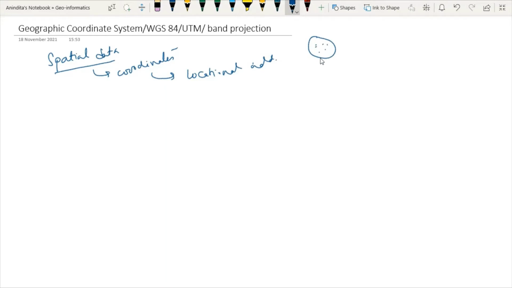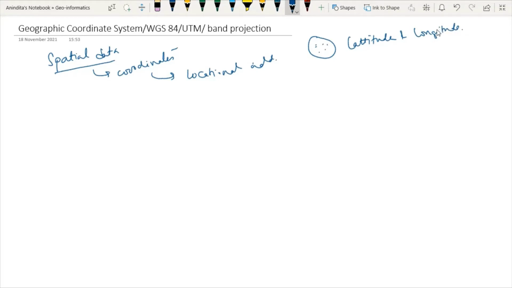Whichever point we are defining on the earth, these are known as locational points. Locational points are generally expressed in terms of latitude and longitude. So this is the very basic idea.